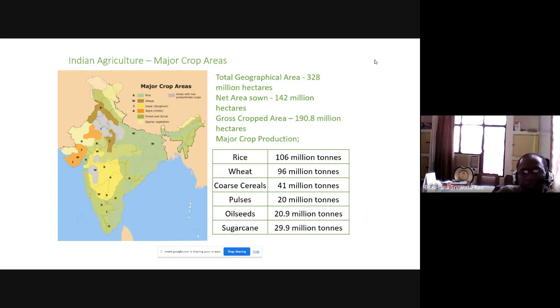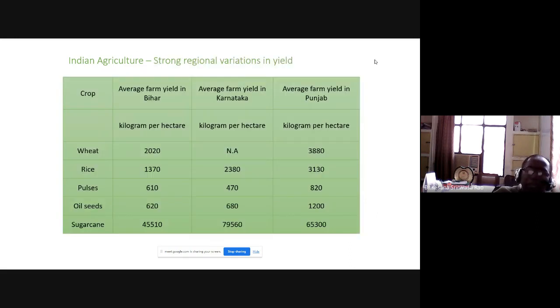What are the different types of crops, where they are being cultivated, and how much area the cultivation of different crops covers in India, I have also given the figures. Strong regional variations are also there in yield levels. India has different types of agroclimatic zones and regions.